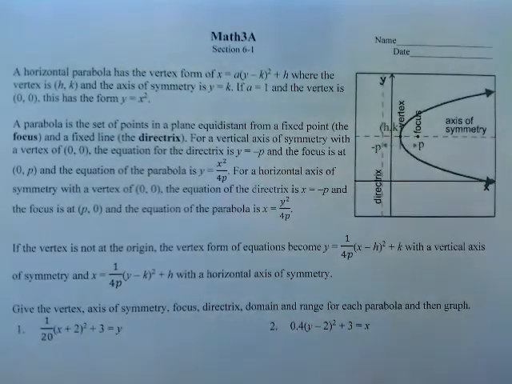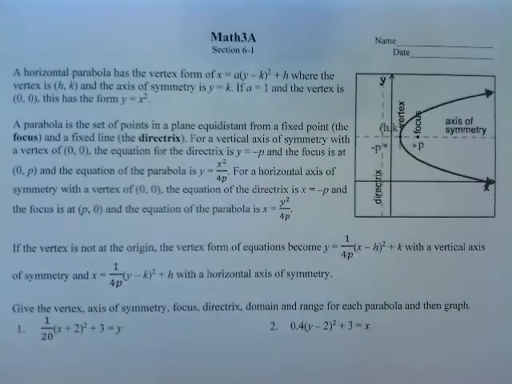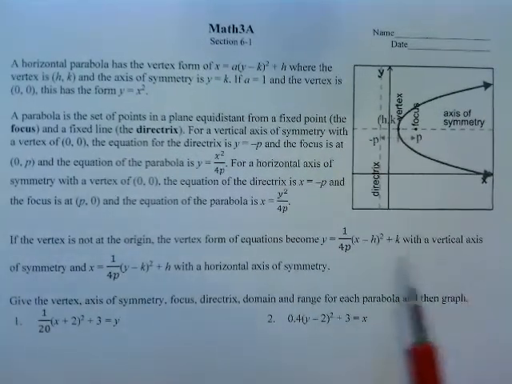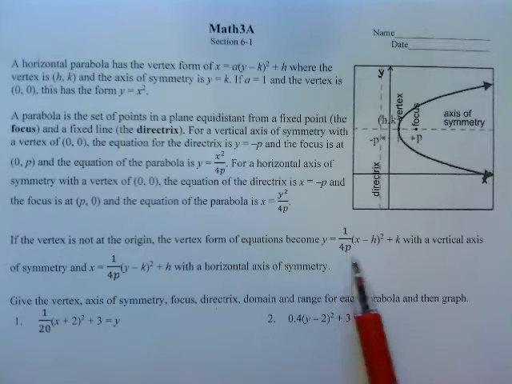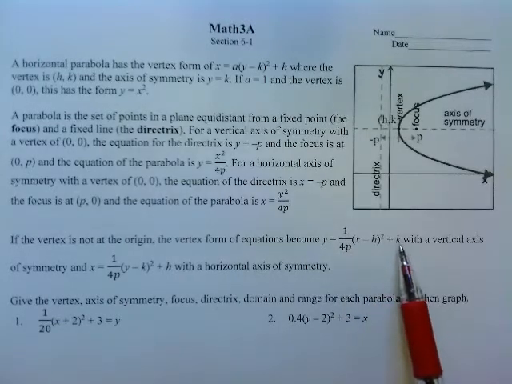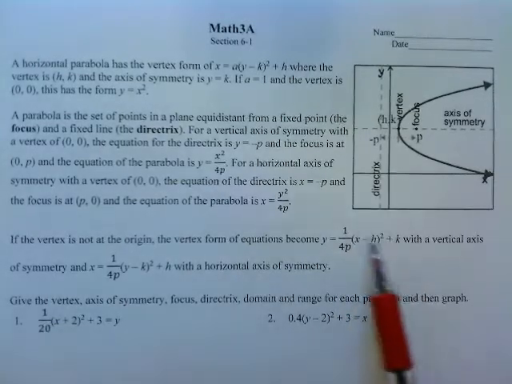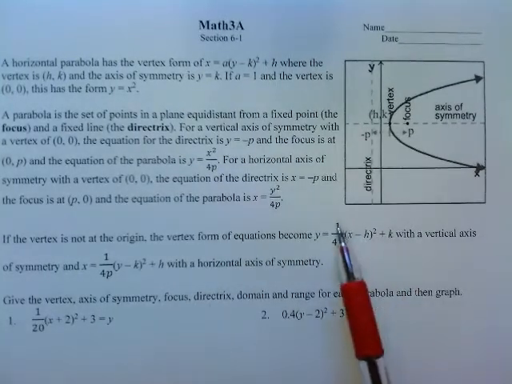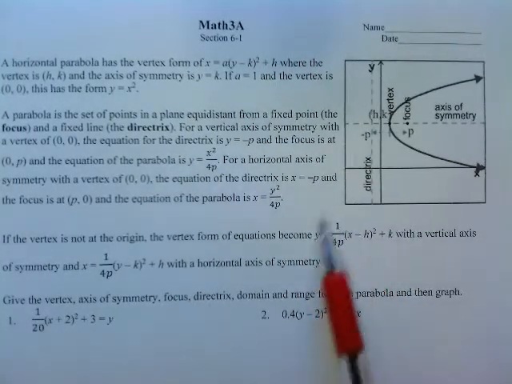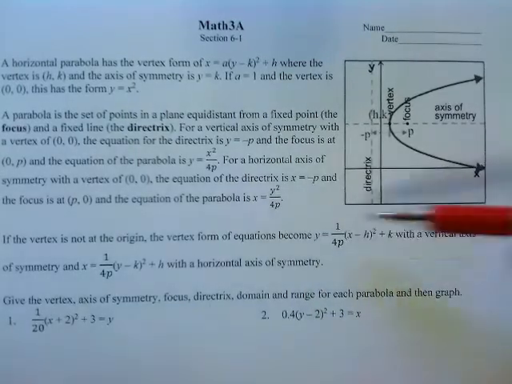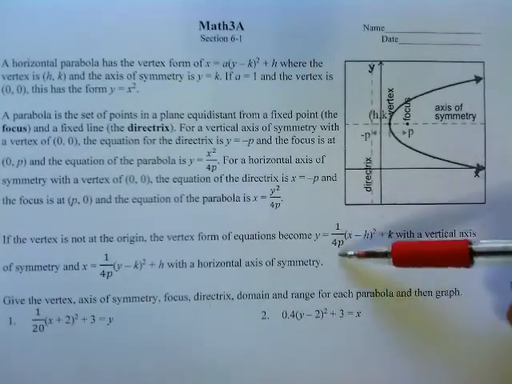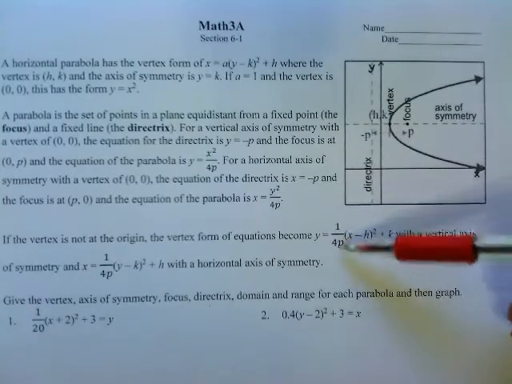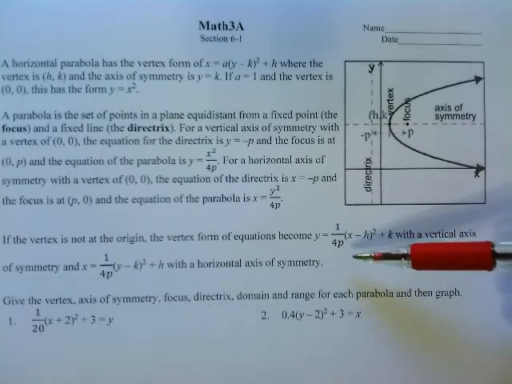If the vertex is not at the origin, the equation has the form y equals 1 over 4p times (x minus h) squared plus k. So really, this is vertex form, (h, k). The only thing that's new that we weren't dealing with before was the 1 over 4p. A lot of times this was 1, which the only way that would work is if p was 1/4.